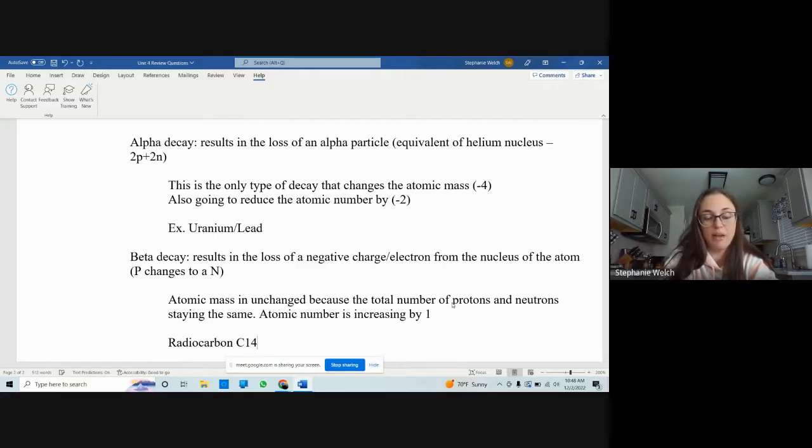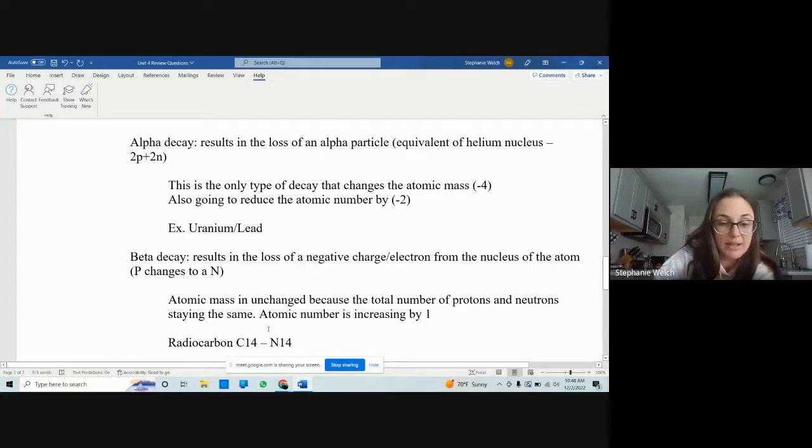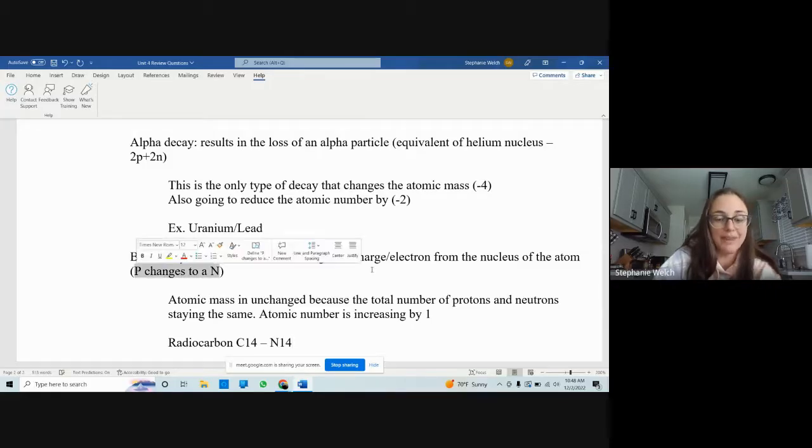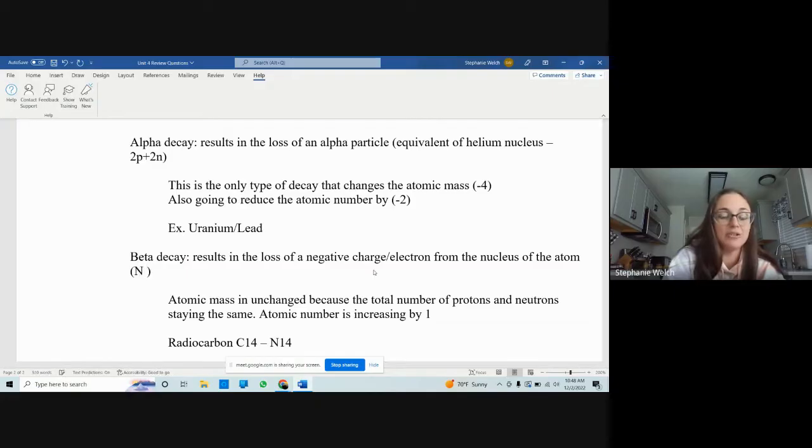This is carbon with a mass of 14 that's changing to nitrogen with a mass of 14. The atomic number of carbon is 6. The atomic number of nitrogen is 7. So your atomic number is increasing by 1. So again, this neutron is changing to a proton. I had it right the second time.